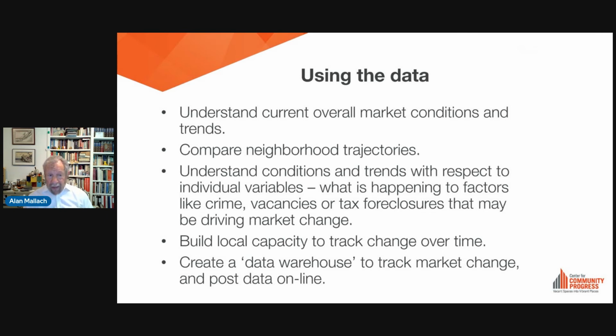And one last thing is this is all about quantitative data, but don't underestimate what people know about what's going on in their neighborhoods, especially people who may be in positions where they tend to talk to a lot of people, or observe a lot of things.